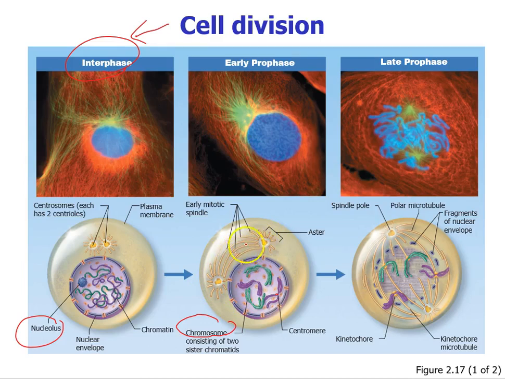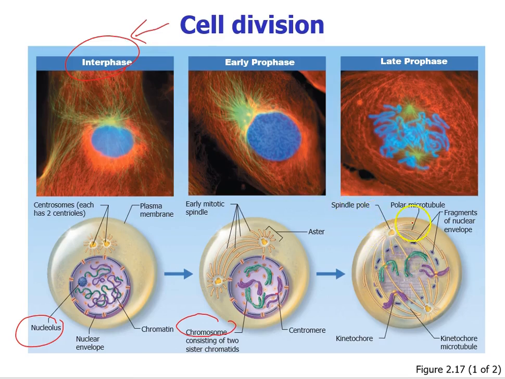Mitotic spindle has been formed, and then at the end of the prophase or late prophase, the nuclear envelope is breaking down, the chromosome has been released, and then we can see the centrioles at two opposite sides of the cell, and then this mitotic spindle also has been grown.